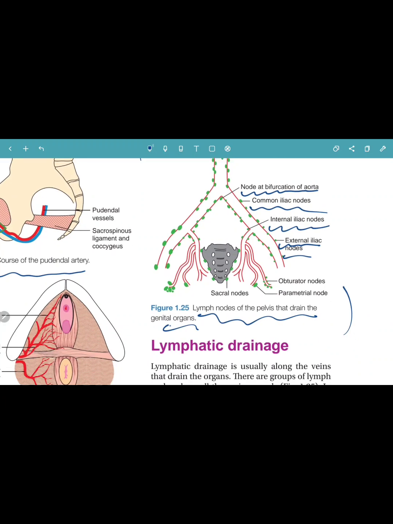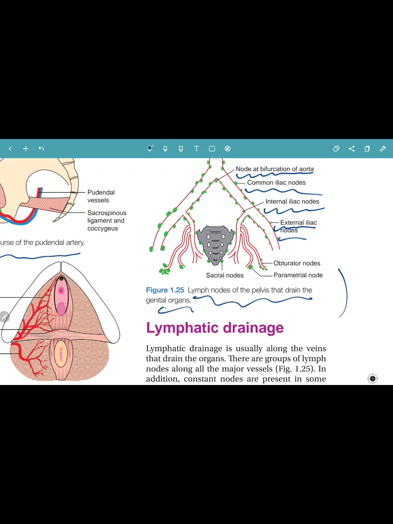From the internal iliac nodes you have the obturator nodes, the parametrial nodes, and the sacral nodes. All these are the lymph nodes of the pelvis that drain the genital organs. Very important lymphatic drainage. If they ask about the common iliac artery, the nodes correspond to para-aortic nodes.